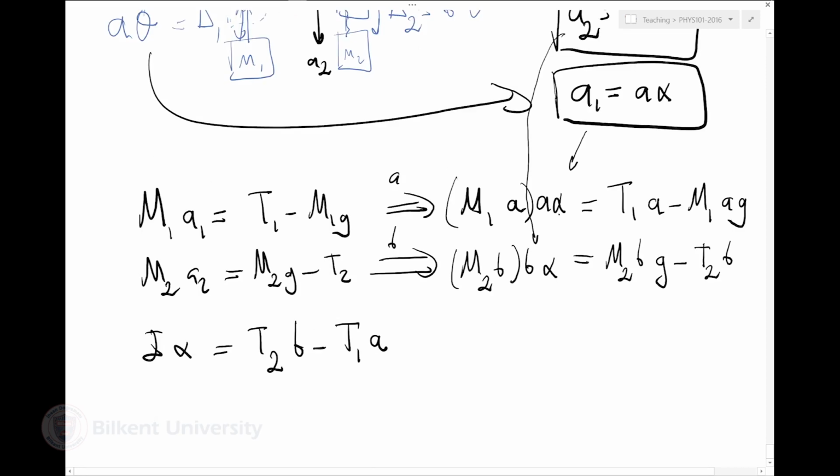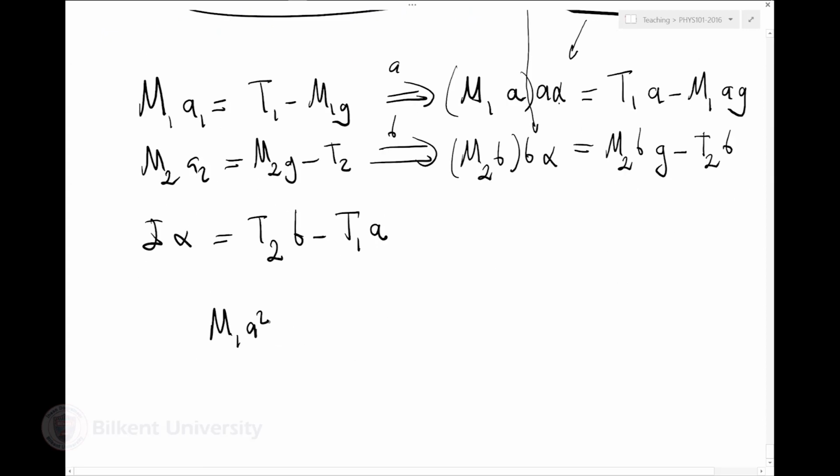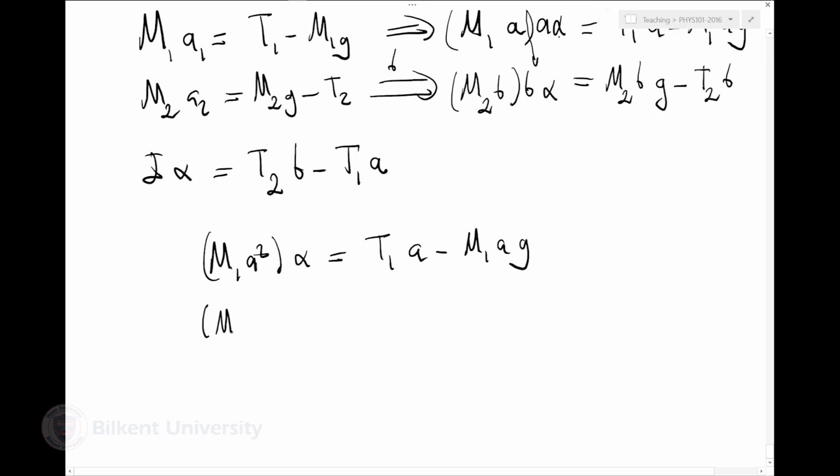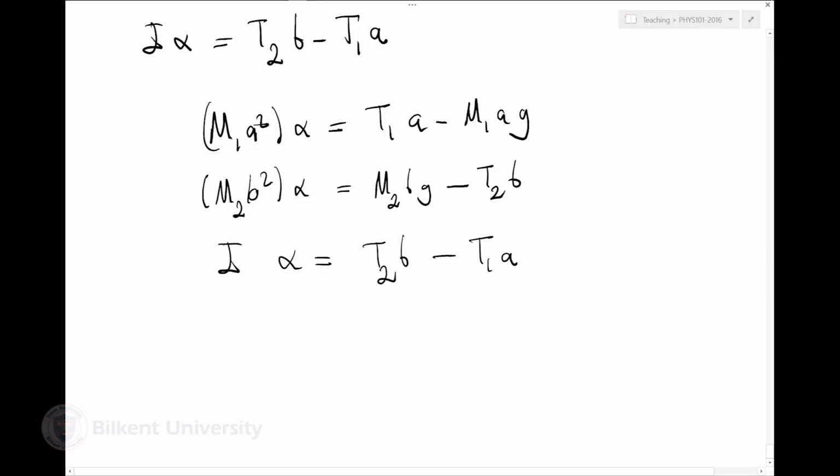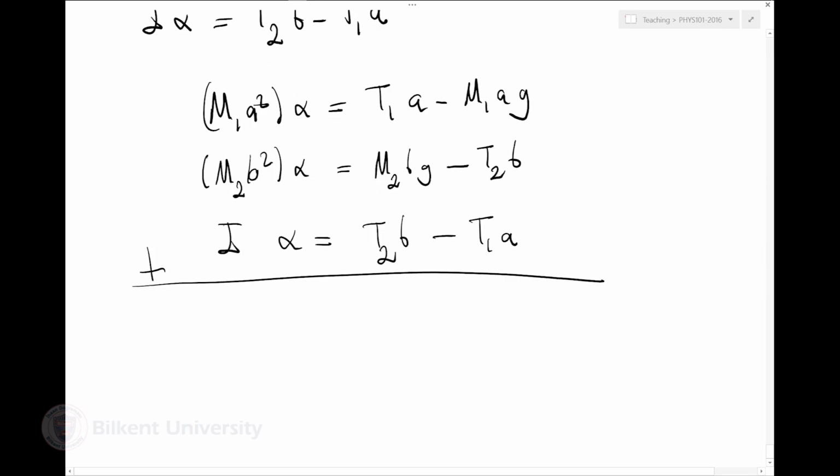So my new equations are m1a square alpha is t1a minus m1ag. m2b square alpha is m2bg minus t2b. And the final equation is I alpha is t2b minus t1a. Now I can add all three equations together.